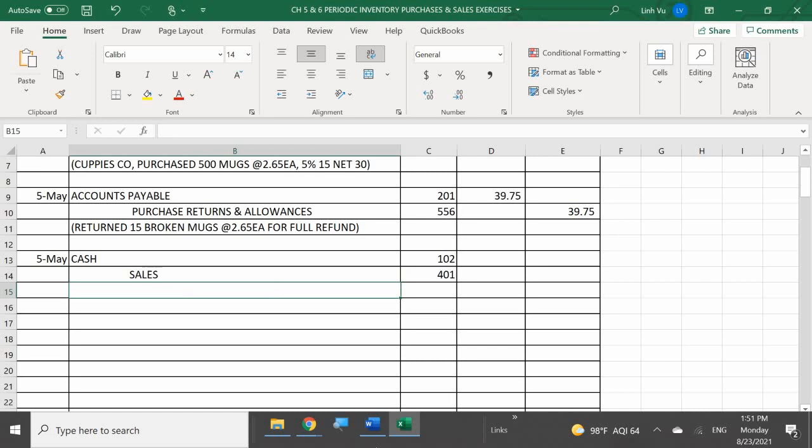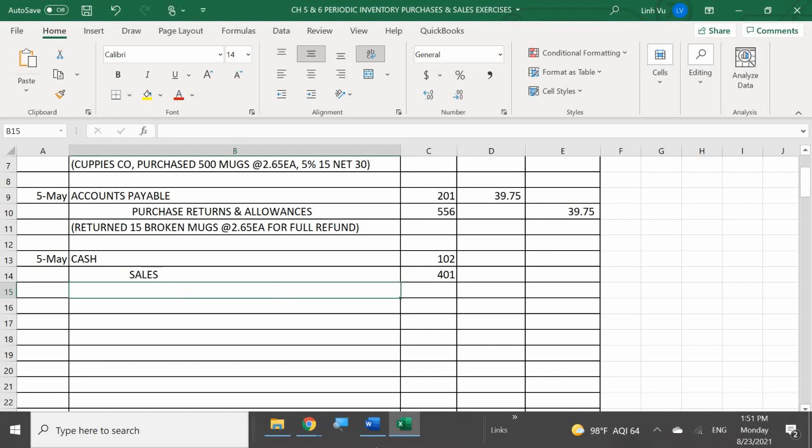Accounts receivable is when a customer owes you money. In this case, I made cash sales because I specified that I received cash for these sales of the 10 mugs.